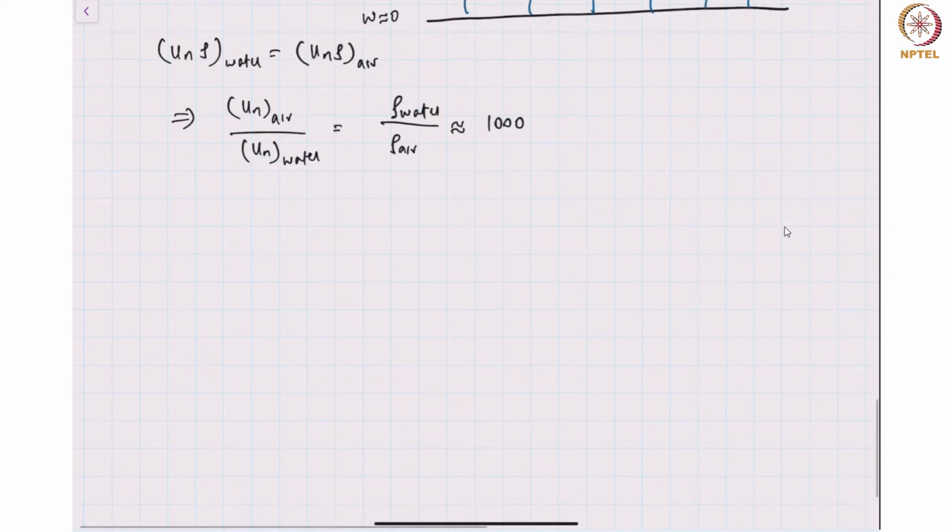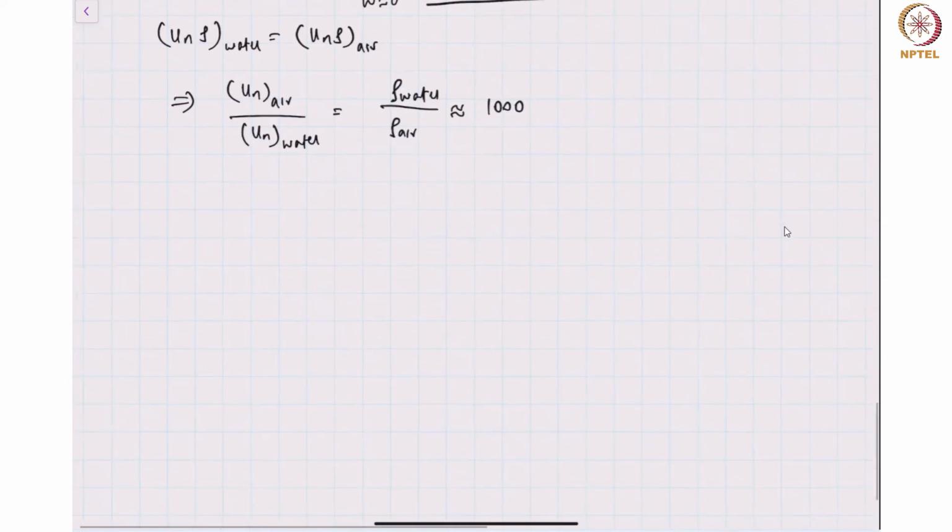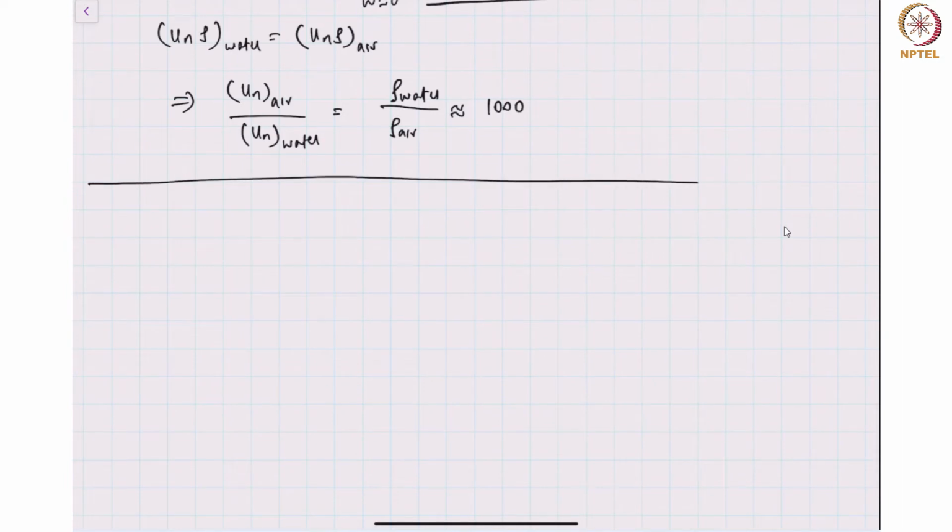Okay, so we'll start with the next part, which is jump conditions at an interface, and we'll use the momentum equation.